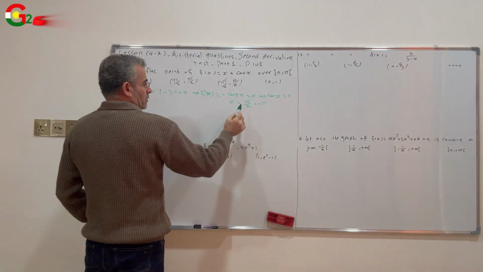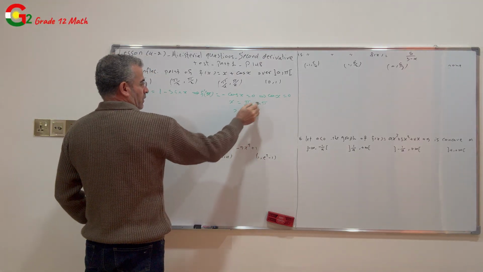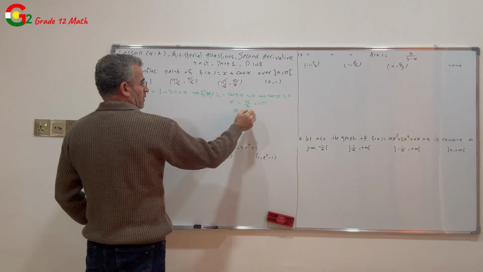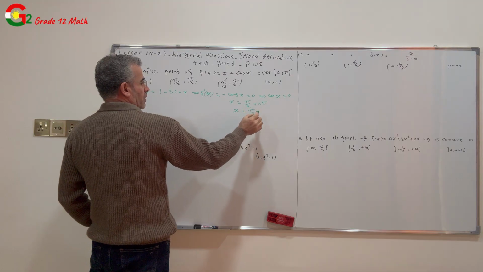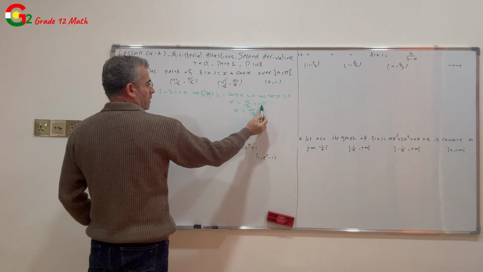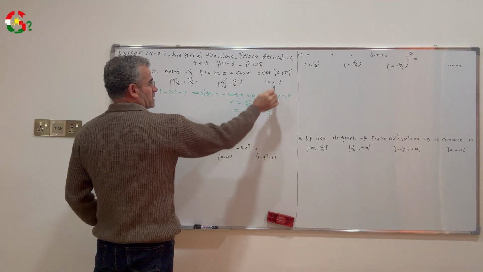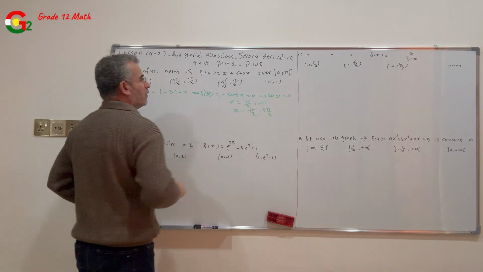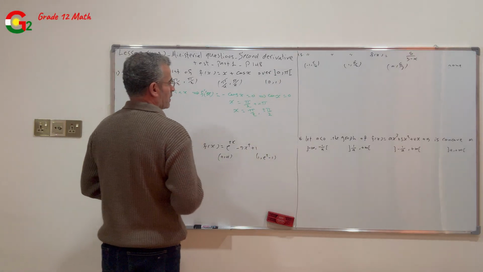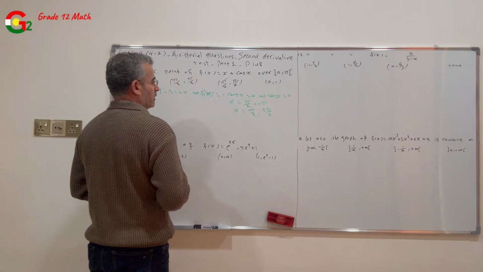When n equals 0, then x equals pi over 2. When n equals 1, then x equals 3 pi over 2, which is out of the interval because 3 pi over 2 is greater than pi.